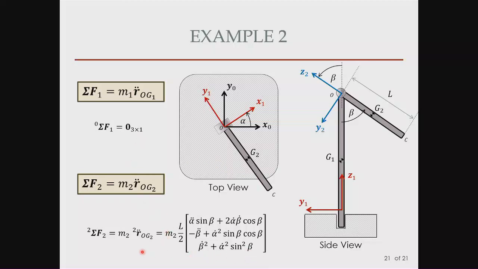Just check the linear acceleration of the center of mass, not the end here. Maybe look at what we did before. We found r_OC double dot. So how to move from r_OC double dot to r_OG2 double dot? Just replace L by L over 2, and you should get that.